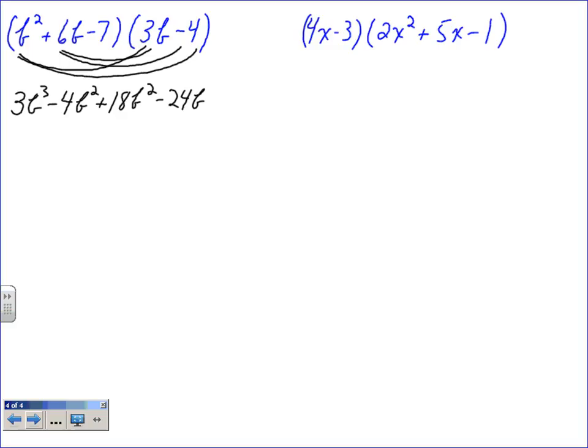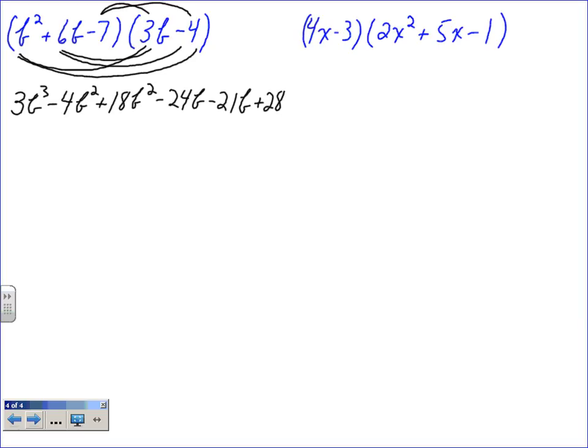I've distributed the 6b. Now let's distribute the negative 7. Negative 7 times 3b, negative 21b. And finally, negative 7 times negative 4 is a positive 28.